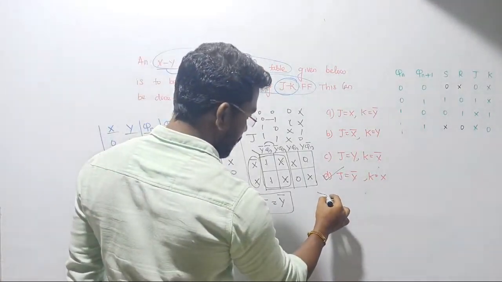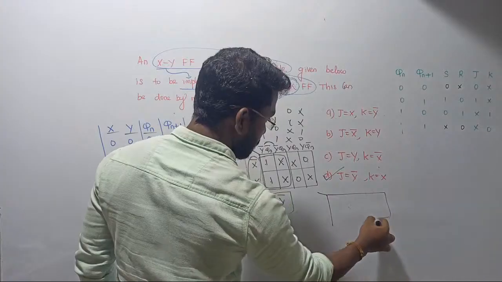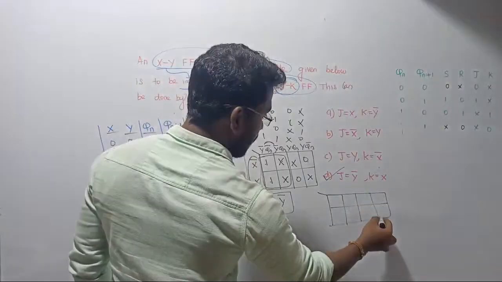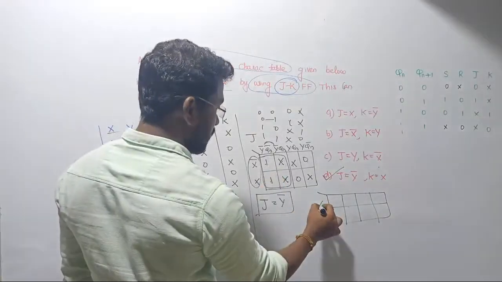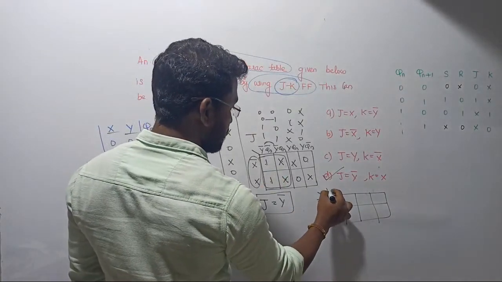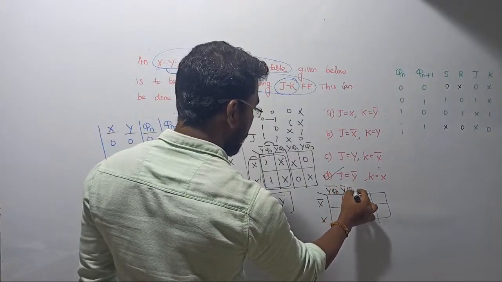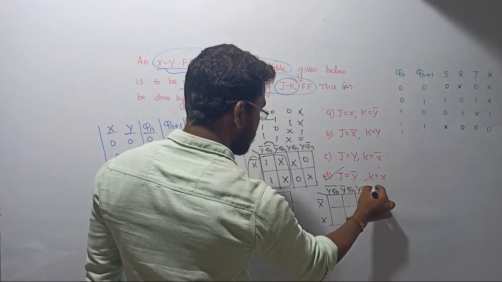Let us put them into the K-map. Again, same variables. X bar, x. This is y bar Qn bar. This is y bar Qn. Y Qn. This is y Qn bar.